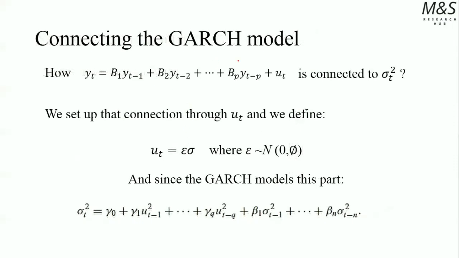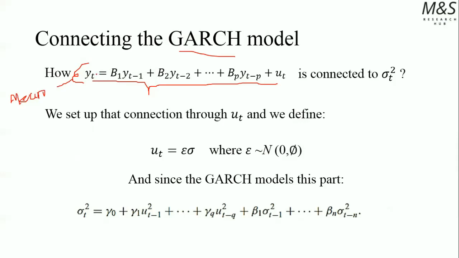So how are we actually connecting the first model, which is what we stated the first time, the autoregressive model, with the GARCH model, right? This is called, most of the time, the mean equation, yes?